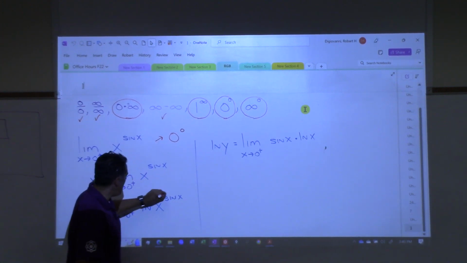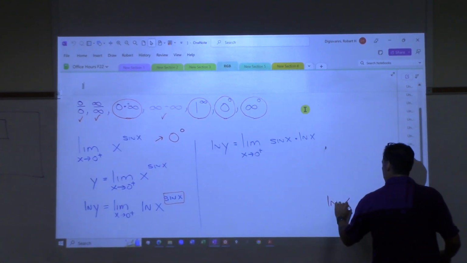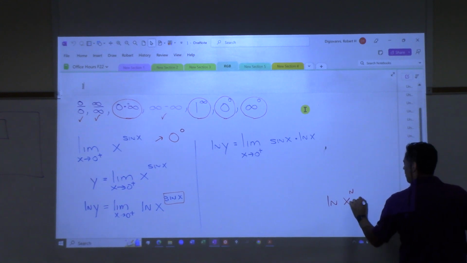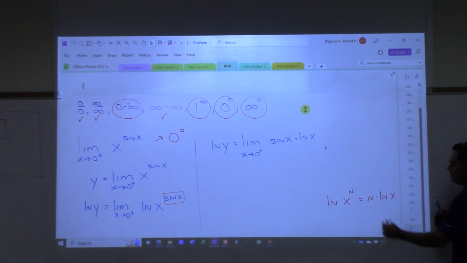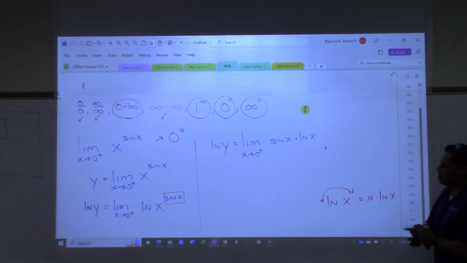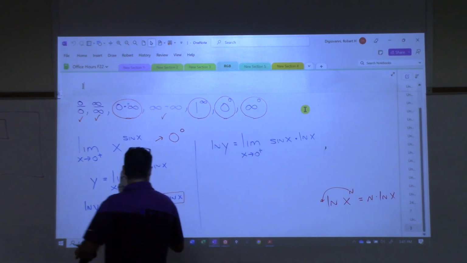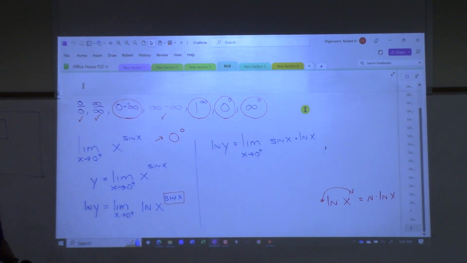If you have natural log of x to a power, that power can come out and you have the power times natural log x. This power drops in front of the natural log. That's exactly what I'm doing. I have natural log of x to a power, and I'm bringing the power out in front, just like that. You all right with that? Okay.